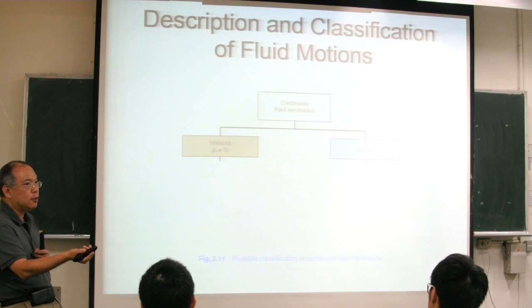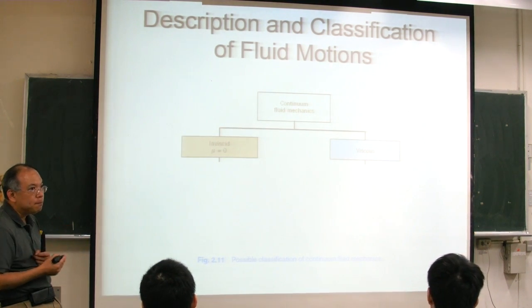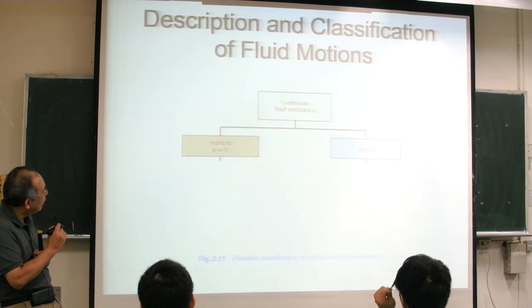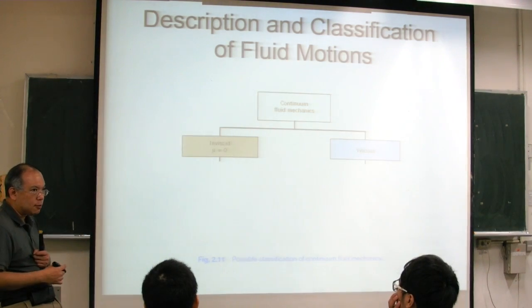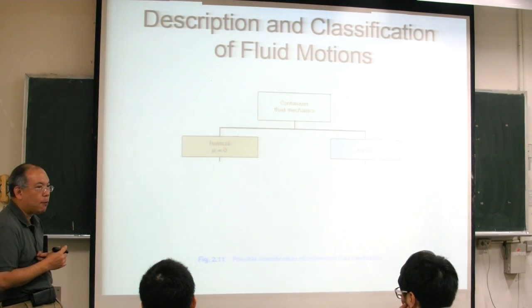There is no fluid without viscosity. However, we can neglect the viscosity of the fluid and still get physical meaning, and this physical meaning can apply to some engineering problems.